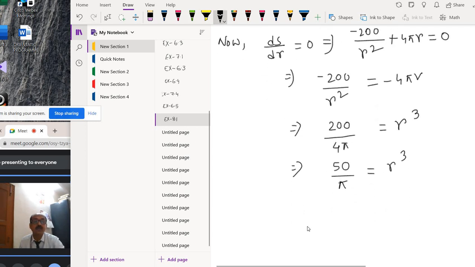So r equals 50 by pi, whole to the power 1 by 3.